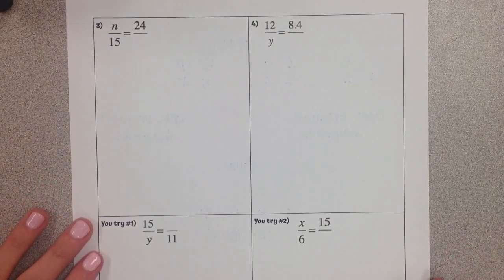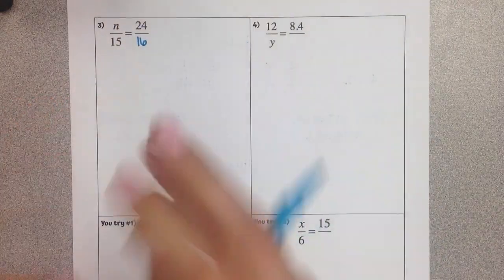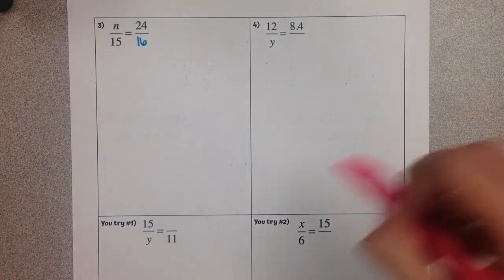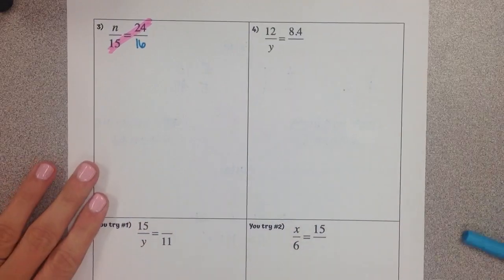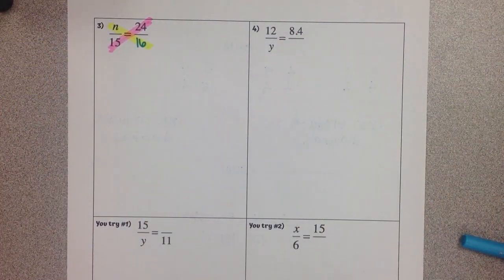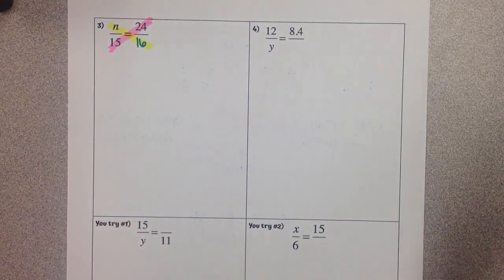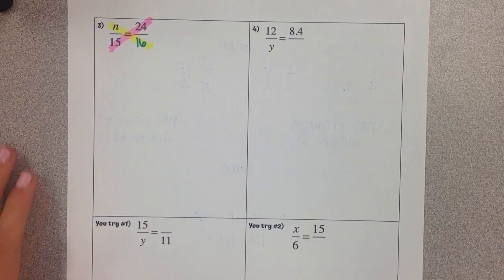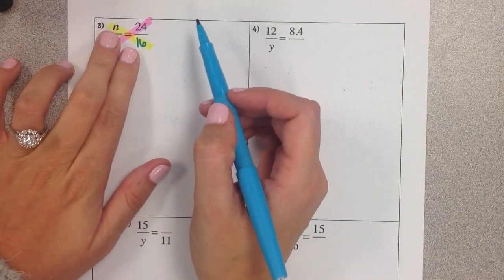Okay, let's look at another example. N over 15 equals 24 over 16. Again, first step, we're highlighting our 2 diagonals. Which diagonal, our pink diagonal or our yellow diagonal, has 2 numbers in it? So in the pink we have 15 and 24. In the yellow we have n and 16.